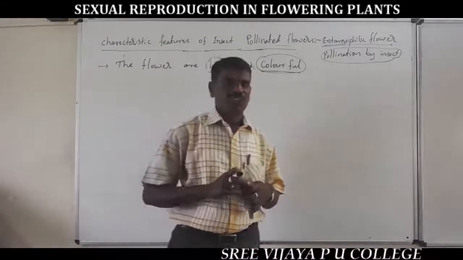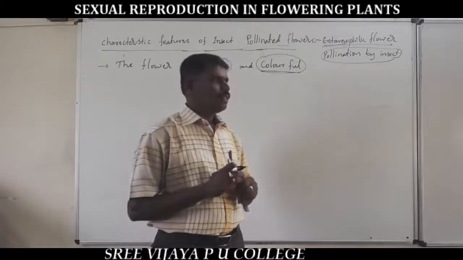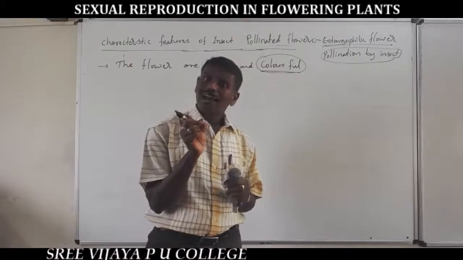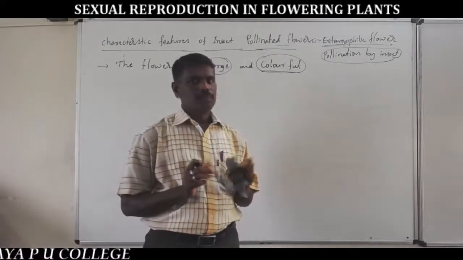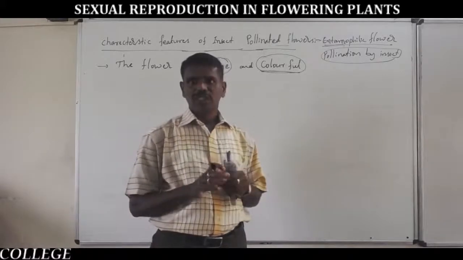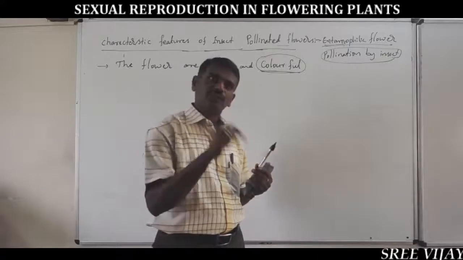The color of a flower attracts the insect. By the different colors, the insect is attracted, and then the insect easily visits that flower.